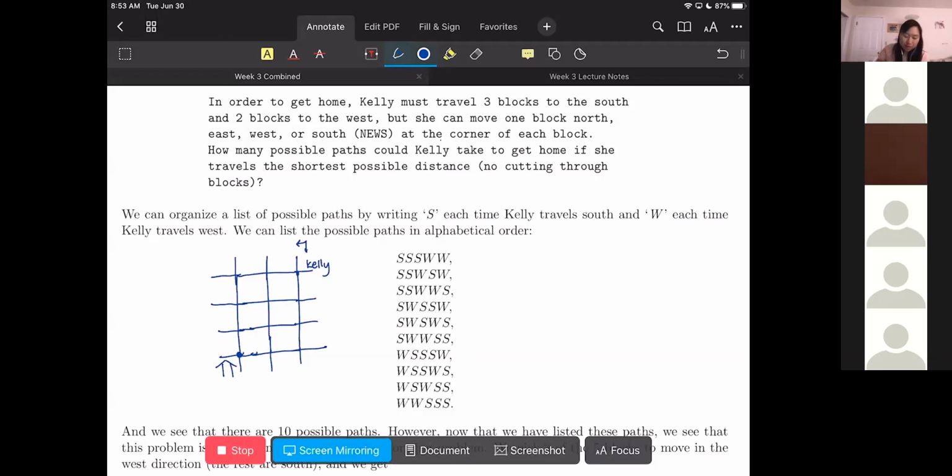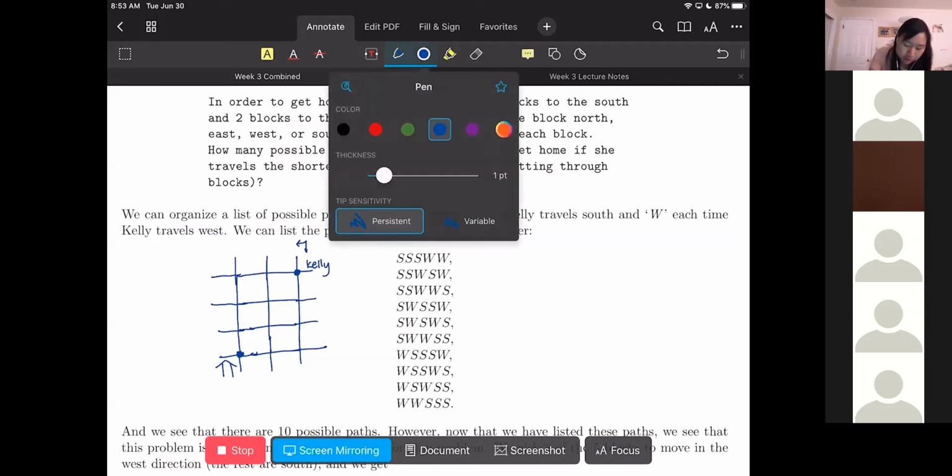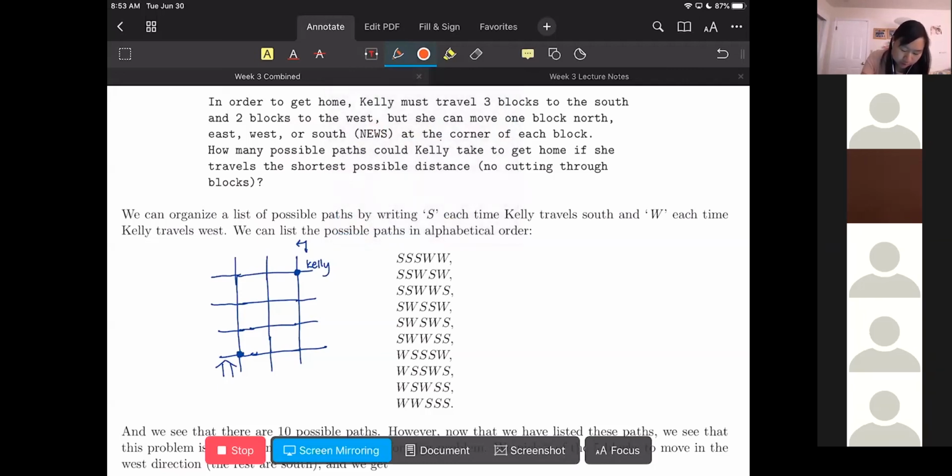All right, so now we want to count the number of ways Kelly can go from this point to this point. At every corner, she can go in one of 4 directions: north, east, south, or west. But let's note that the question asks for the shortest possible distance.